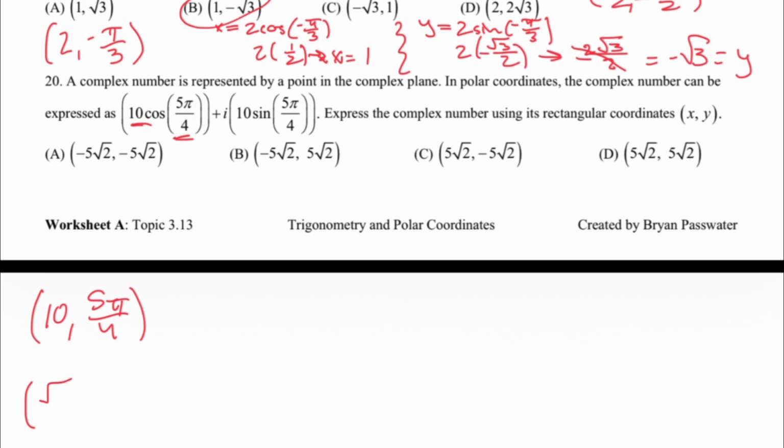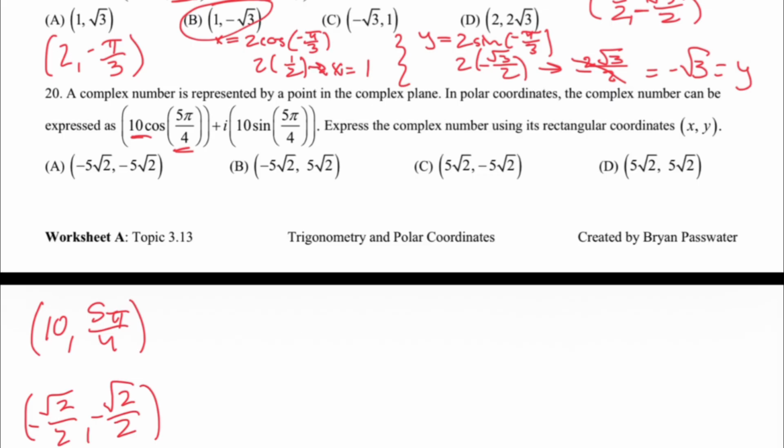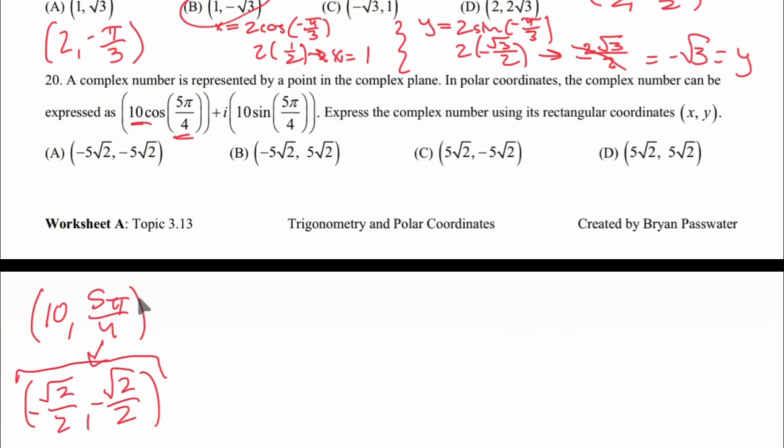We know pi over 4s look like this, and quadrant 3 have both negative. So that's what our coordinates should look like for 5 pi over 4. So if we do both x and y, 10 cosine of 5 pi over 4 gives us 10 times that, which gives us 5, since 10 divided by 2 is 5.